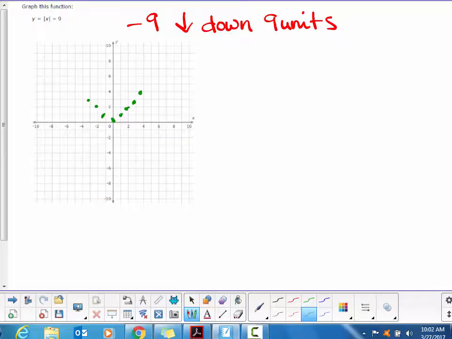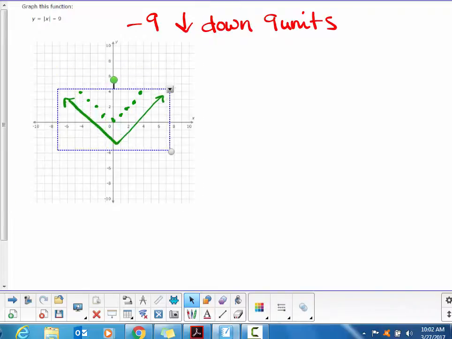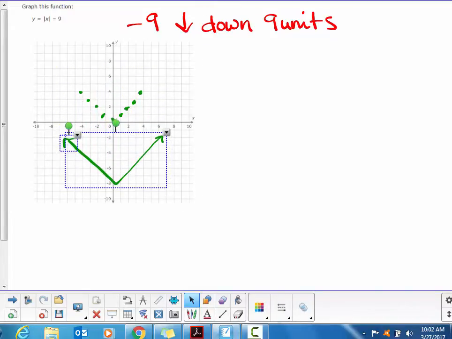It will be V-shaped, and it has a vertical shift. We're going to move it down the y-axis.